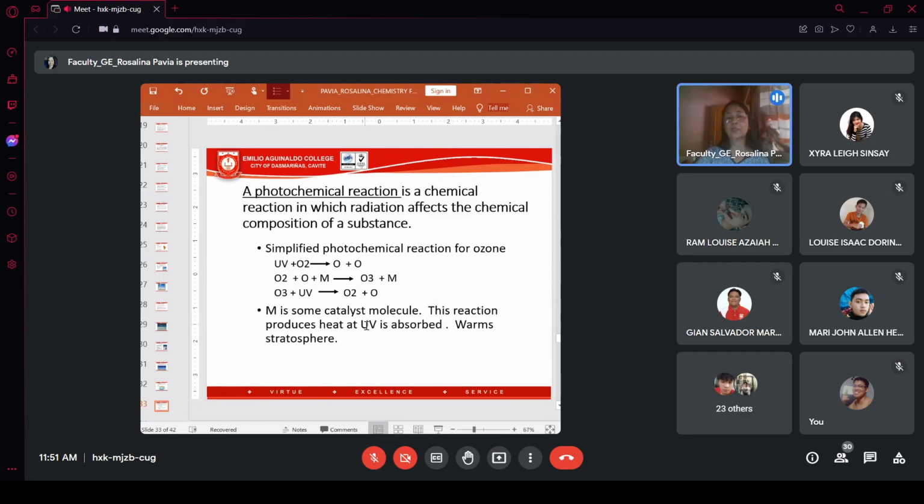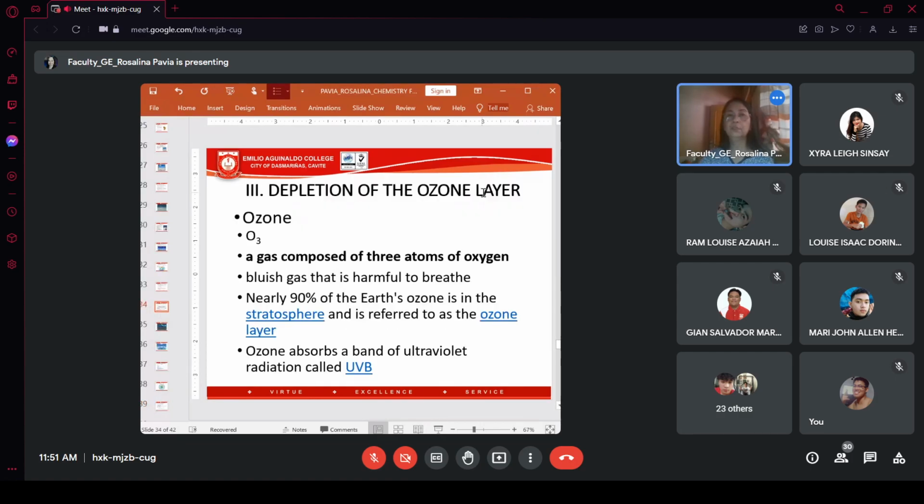The UV rays of the sun is being absorbed. Now, the tendency now is for the stratosphere to warm up. Iinit na si stratosphere. Okay? Ayun, that is photochemical reaction. Now, of course, nadideplete din sa ozone layer. What are the causes of the depletion of the ozone layer?